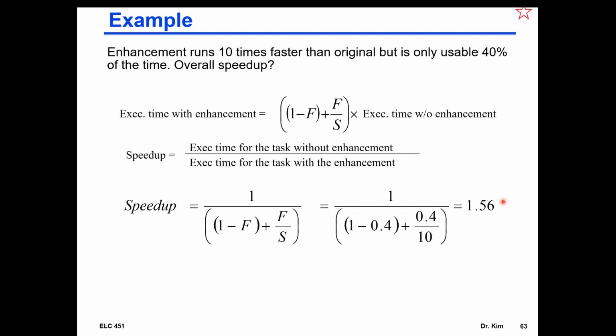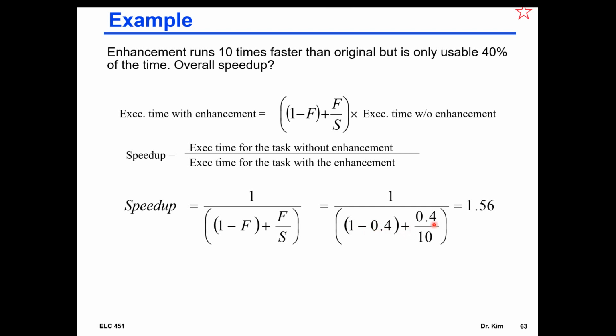Let's unpack this. Here we have the part that is not being affected by the improvement, because the improvement is being used 40% of the time. So f is 0.4, and 60% of the system is not affected by the improvement, 1 minus 0.4.